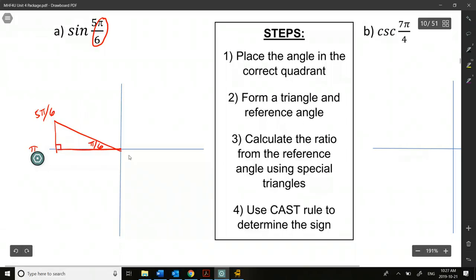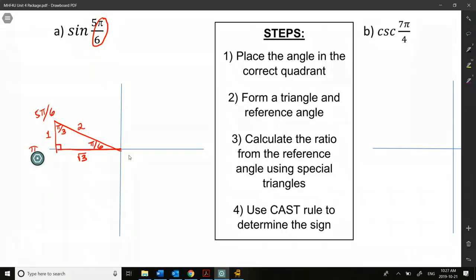And then 30, 60, 90, so 60 is actually pi over 3 here. And you can label this triangle the same way that we labeled our triangles from last year. So across from 30 degrees is 1. Across from 60 degrees is root 3. And the hypotenuse of this triangle is 2.